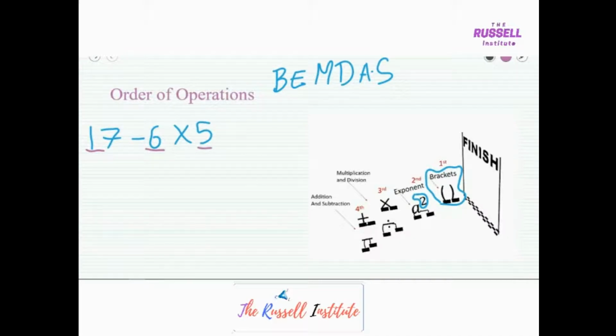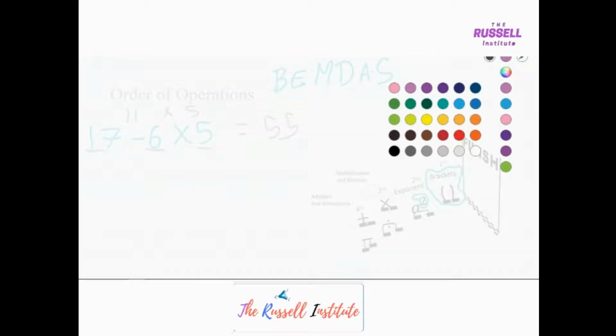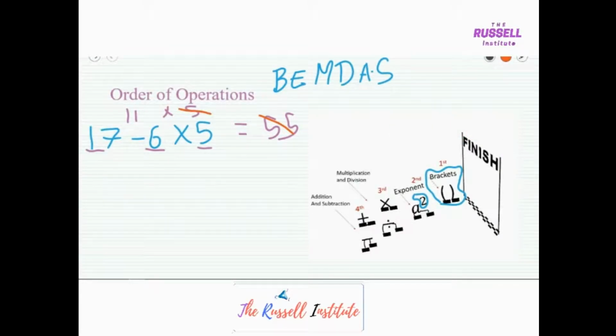It's so hard to resist. We want to say 17 take away 6 is 11, and 11 times 5 is 55. That's what we want to say, but that is wrong. It is so wrong that I never want to see it again. We have to think about our order of operations.